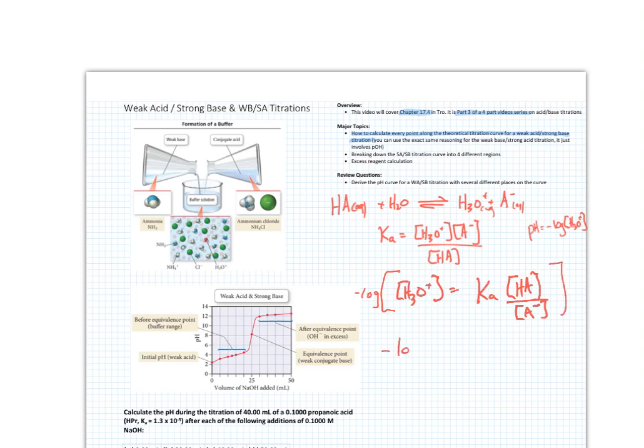And I am going to take the negative log of both sides of this equation. So I have the negative log of H3O plus equal to minus log of Ka times concentration of HA divided by A minus.